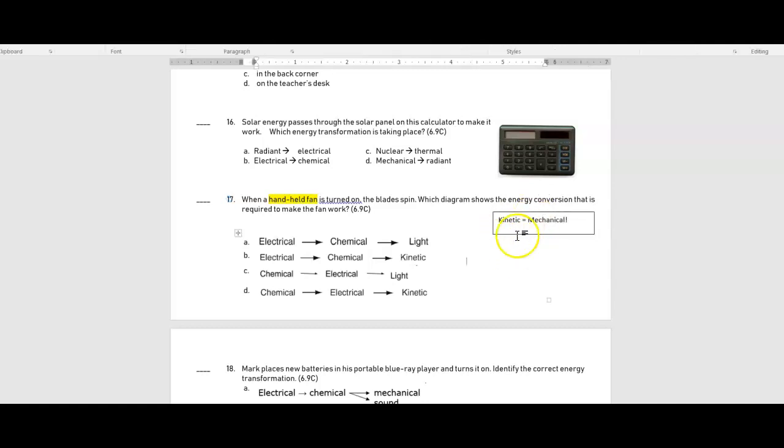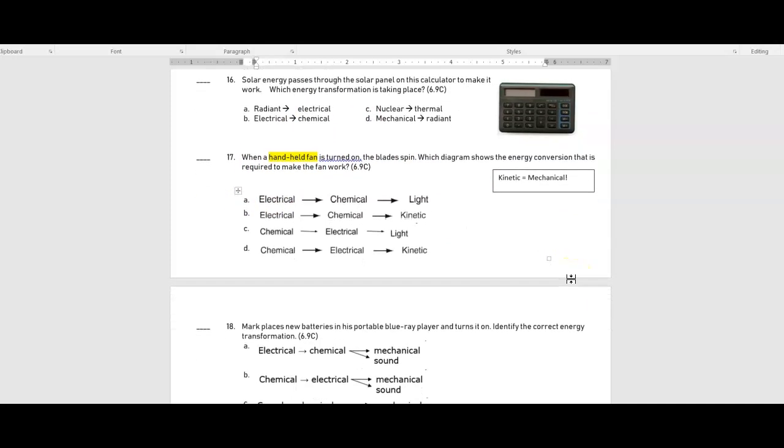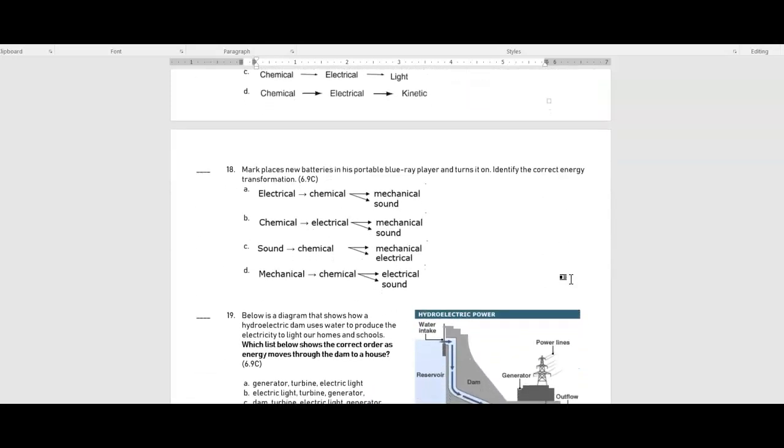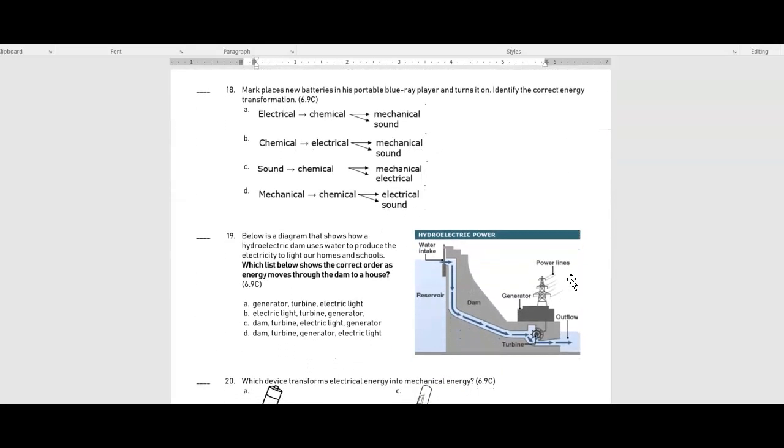All right, so kinetic equals mechanical. So hopefully that'll help you a little bit. So we're looking at the batteries that make the fan work. What kind of energy transformation is that?